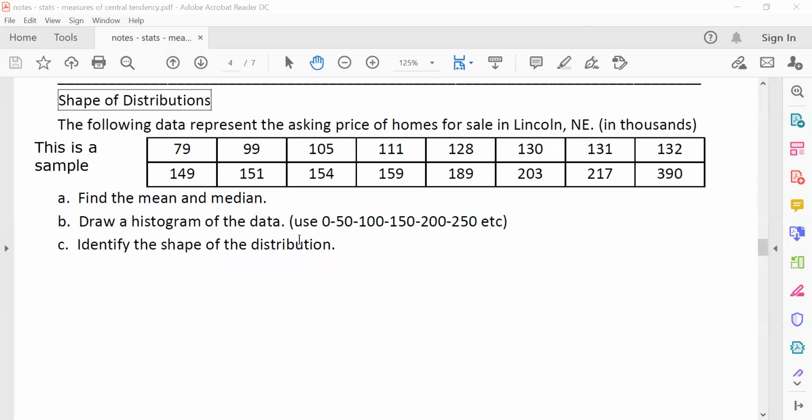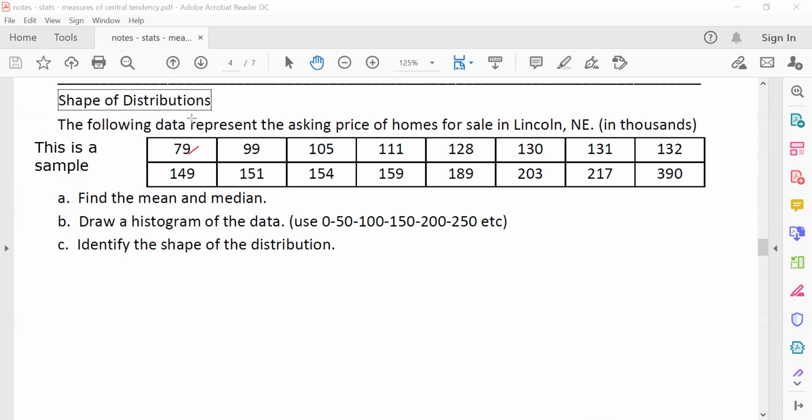So what we can do is find the mean and the median. The median is going to be nice because notice the data is already put in order for us. 79, 99, 105. It does skip over into another row, but that's okay.